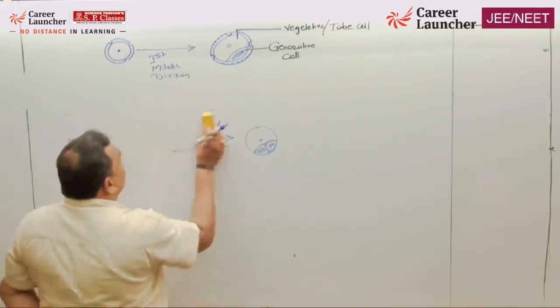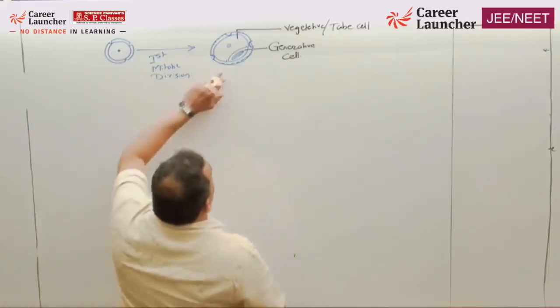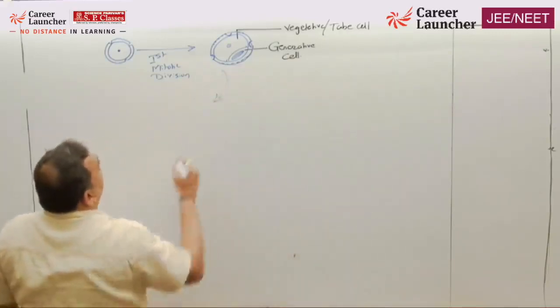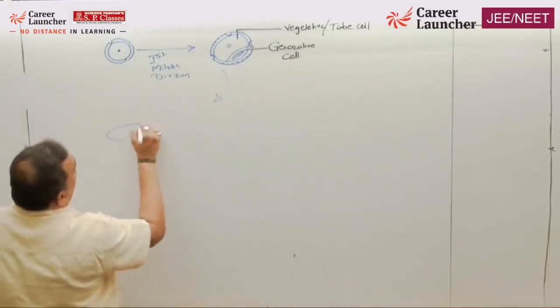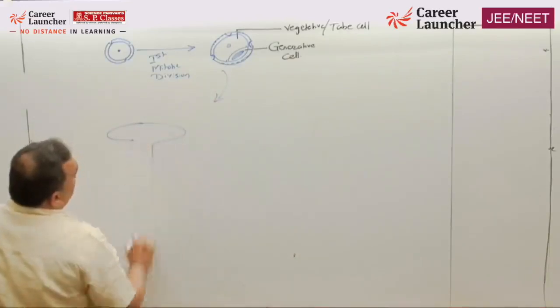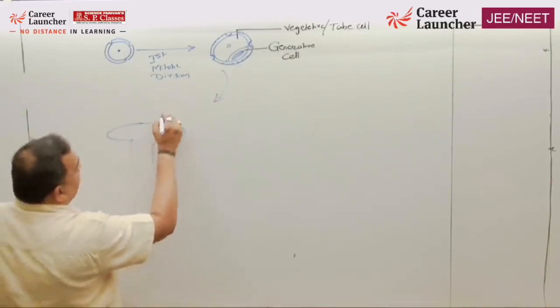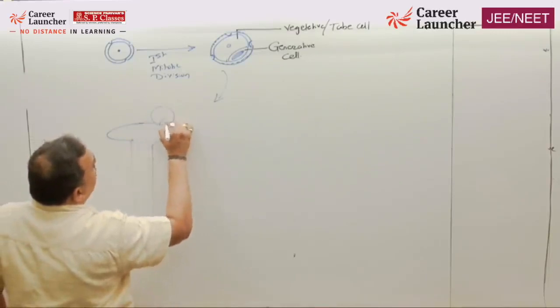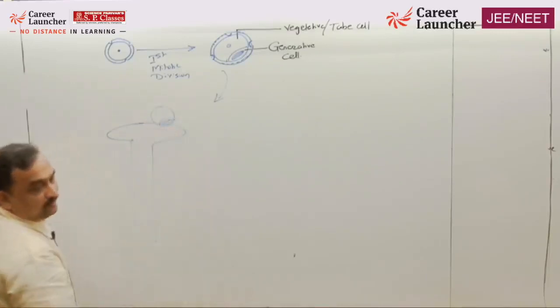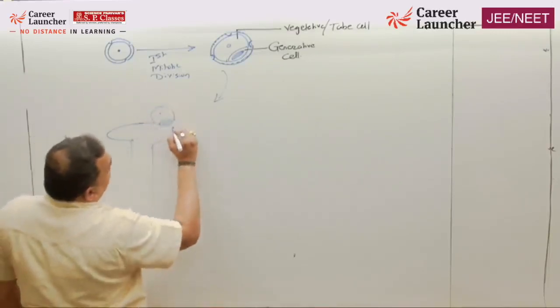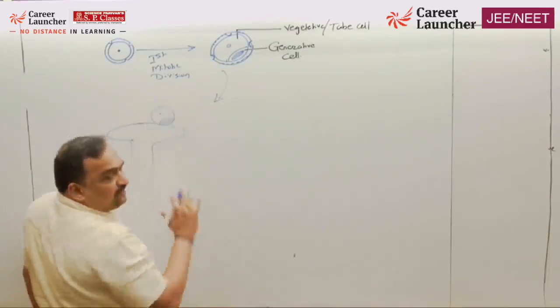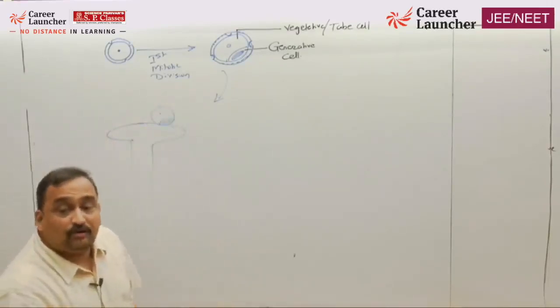So before this happens, this particular pollen grain is going to get shed. Once it sheds, it goes to the stigma. Once it reaches the stigma at the two-cell stage, the stigma identifies whether the pollen grain is of its own type or not.